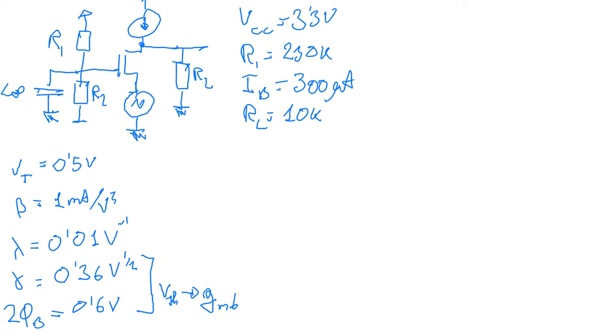Okay, so first of all, they tell us that the output at the quiescent point has to be 1.75 volts. And how much is R2? I think that you can calculate that by yourselves.